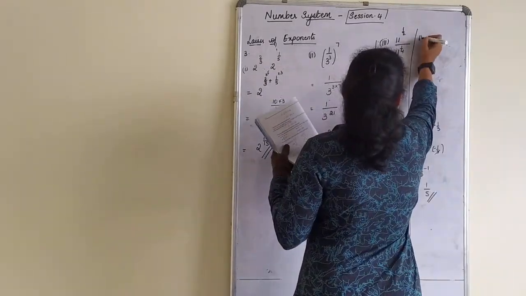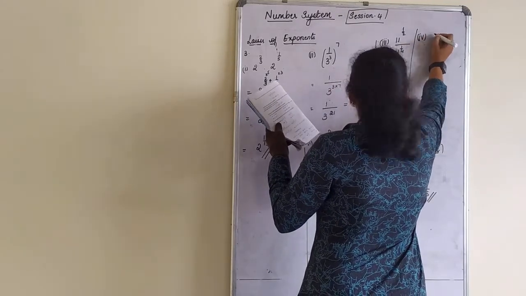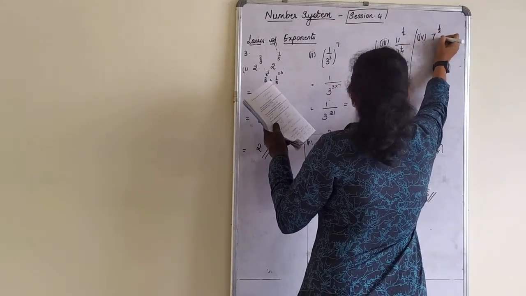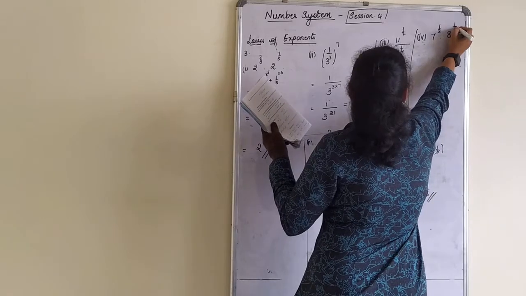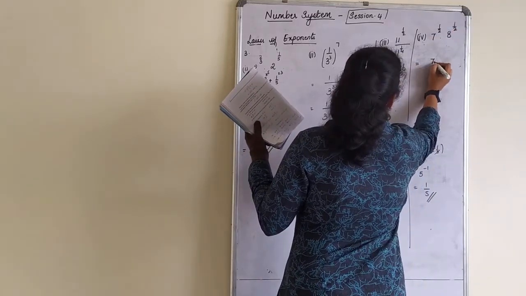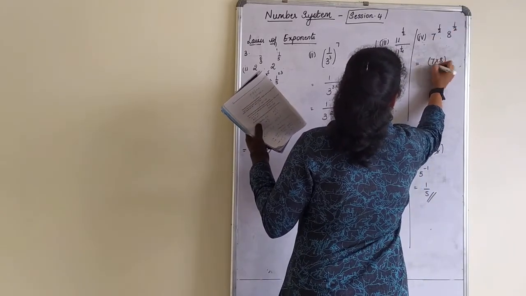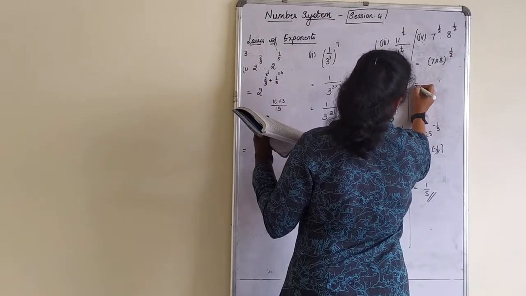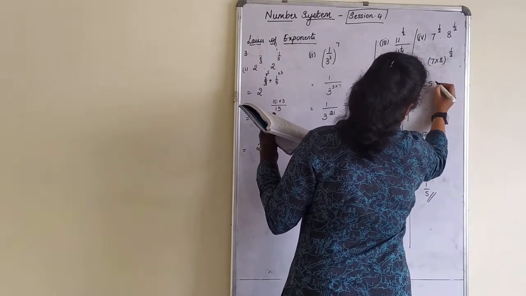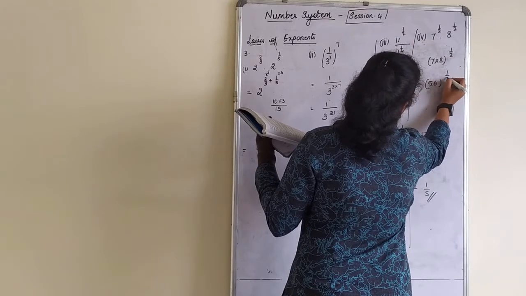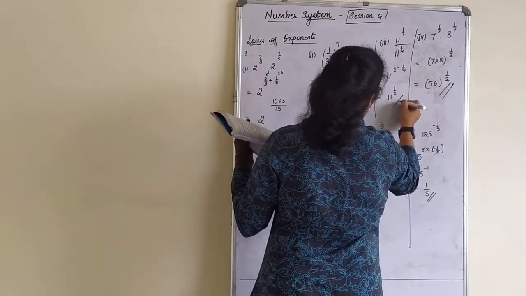And the last one, 7 raised to half into 8 raised to half. Last law. 7 into 8 raised to half. 7 8s is 56. 56 raised to half is the answer.